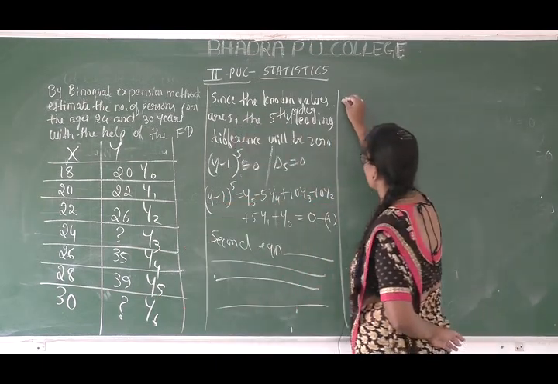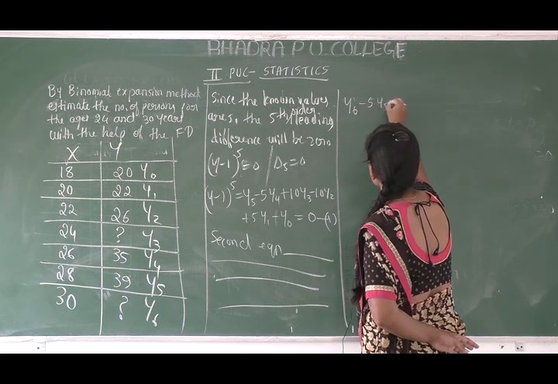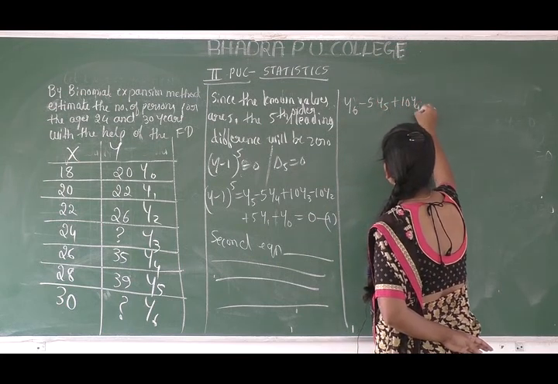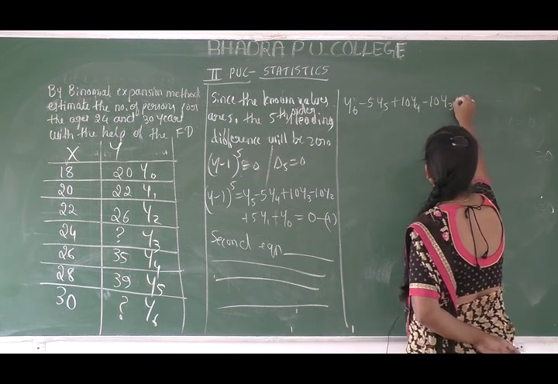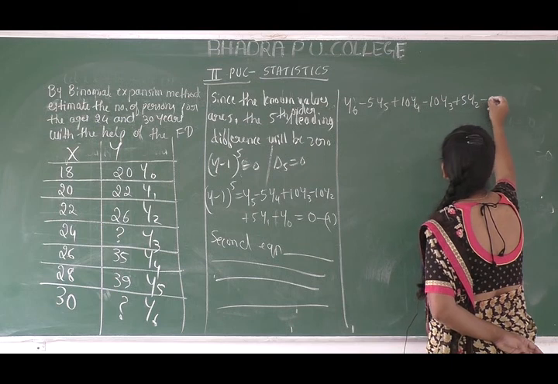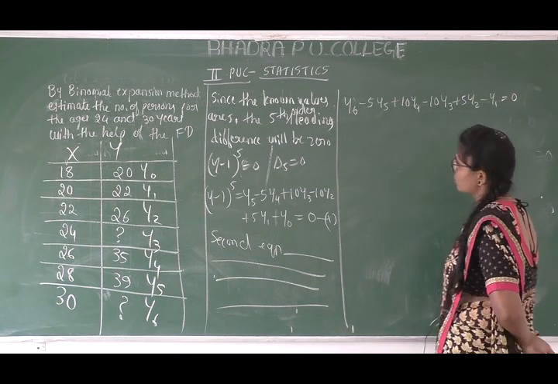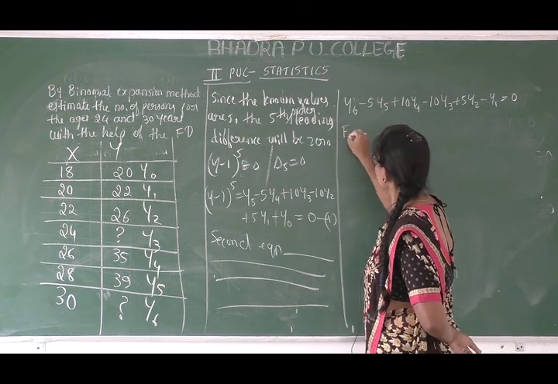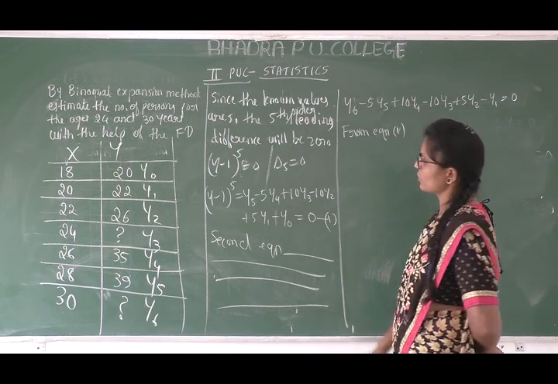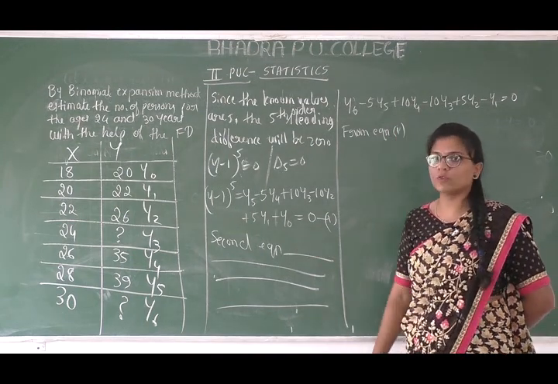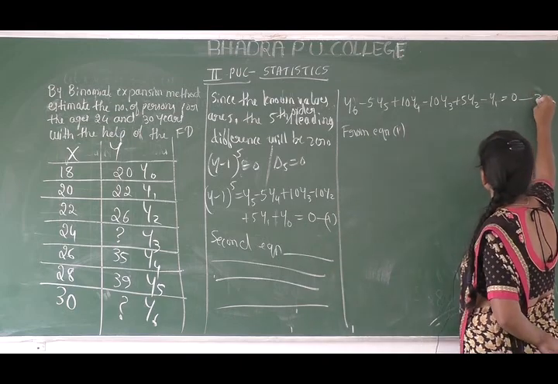You will get y6 minus 5y5 plus 10y4 minus 10y3 plus 5y2 minus y1 is equal to 0. Call it equation number 2. And from equation 1, the first equation is (y minus 1) to the power of 5.